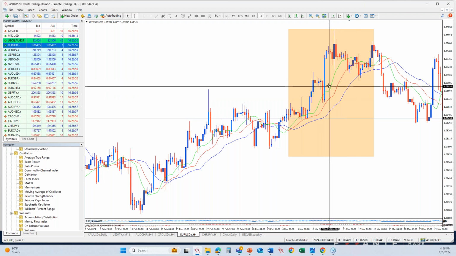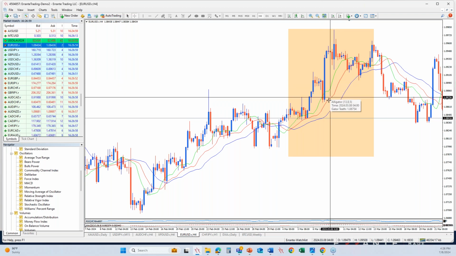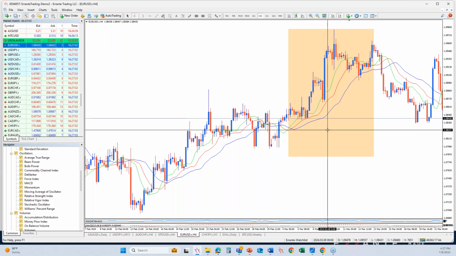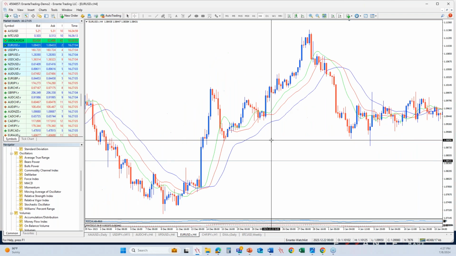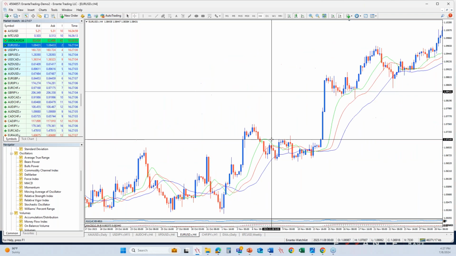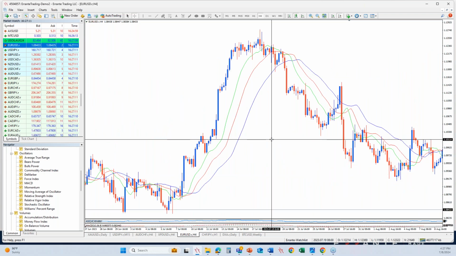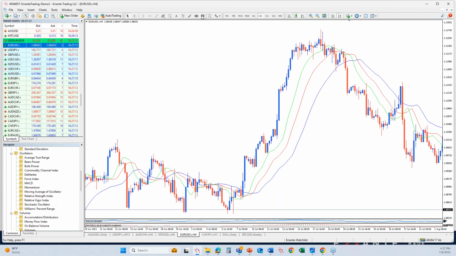We have the lips above teeth and above jaw, and the price moving above the whole system. So you can just scroll through the price history on your chart, and you can see how we can identify a very strong trend using the Alligator awake phase.